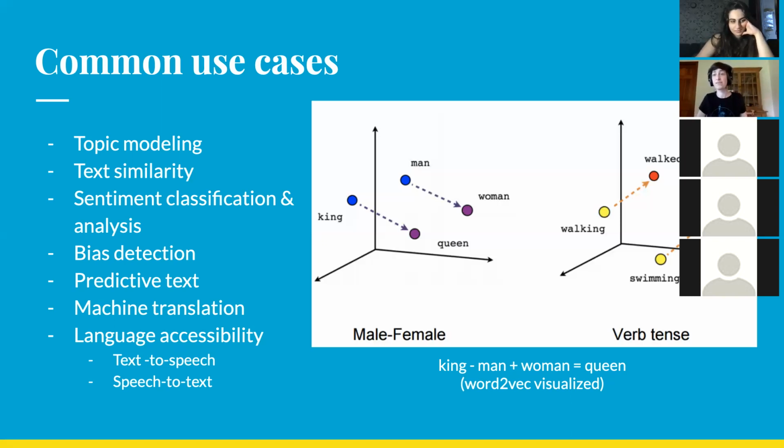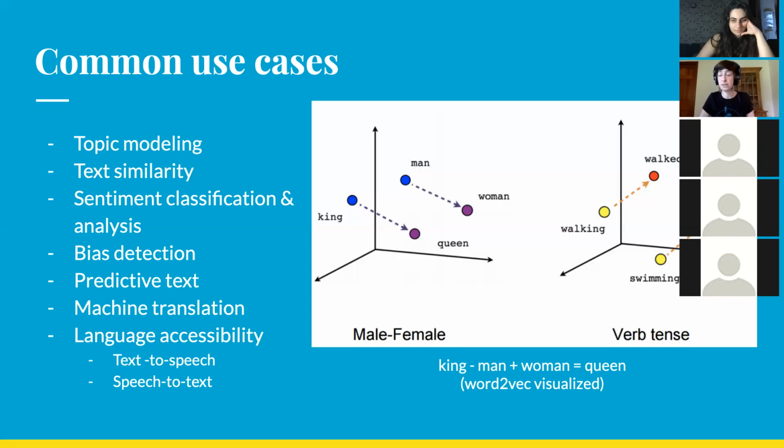Machine translation. Anyone who uses anything like Google Translate, all of that relies heavily on neural language models. And language accessibility. As we want to make the internet, and computers and just any kind of technology, more accessible to more people, text to speech becomes incredibly important for folks who are visually impaired or blind.